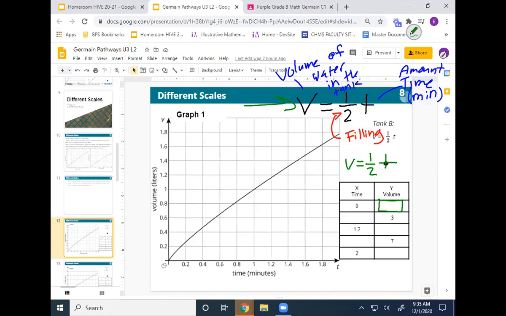If you plug 0 in for T, V is equal to 1/2 times 0, what is the volume going to be in liters? Nice job, Edgar. It's going to be 0. Very good. When the time is 0, the volume is going to be 0.